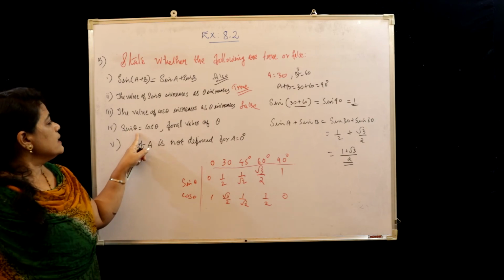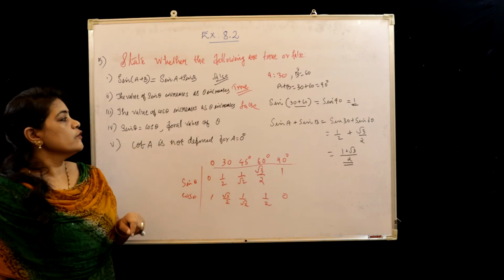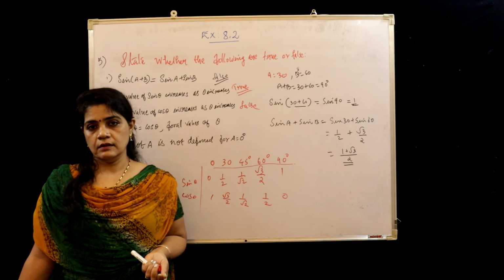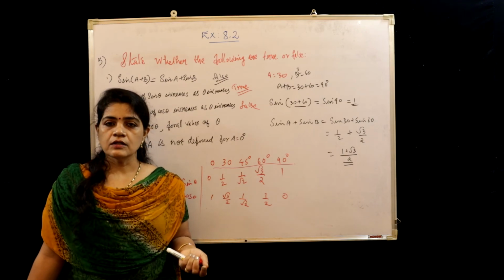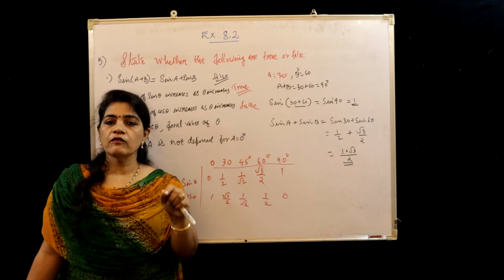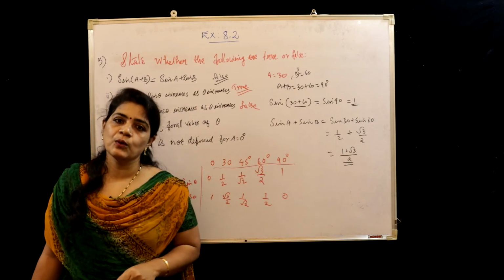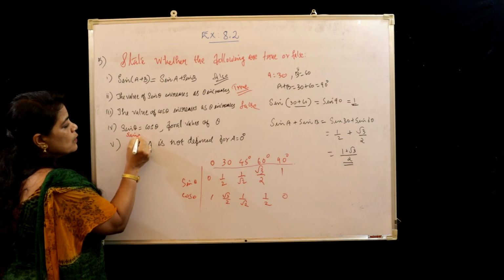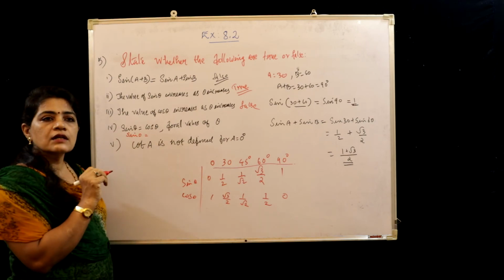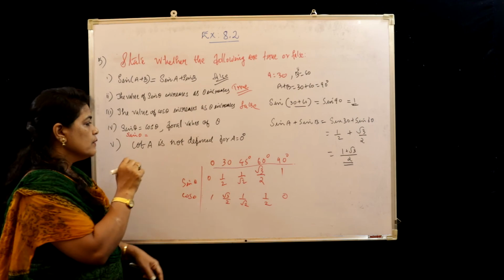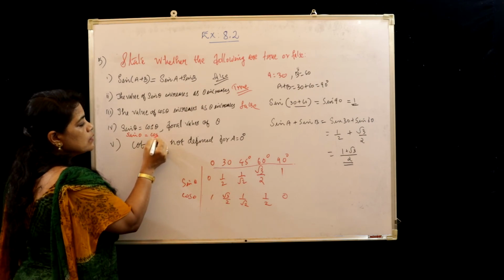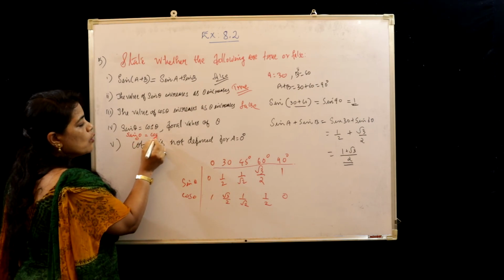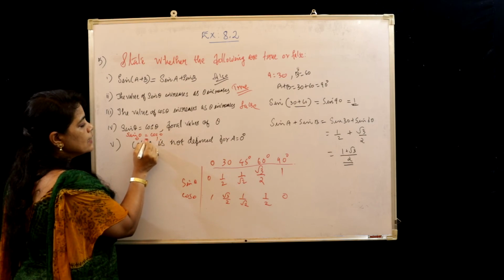Yes, next is sin theta equal to cos theta for all values of theta. That is wrong again, because if you substitute the value of theta as 0, we know sin 0 is 0, and cos 0 is 1, see children. How can we say that 0 is equal to 1?